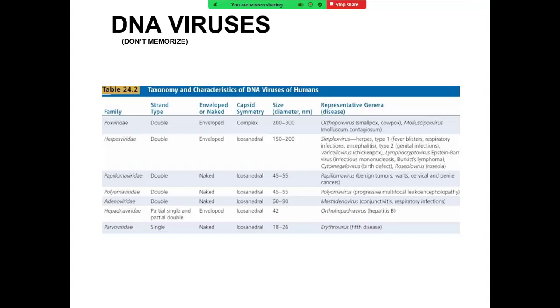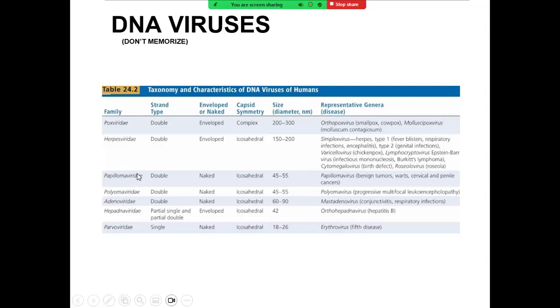This includes the herpes simplex virus type 1 and herpes simplex virus type 2. Remember, that's the same species, just a different strain of the virus. Chickenpox is also a herpesviridae virus, mononucleosis, cytomegalovirus, and then roseola virus. All of these are herpes viruses.